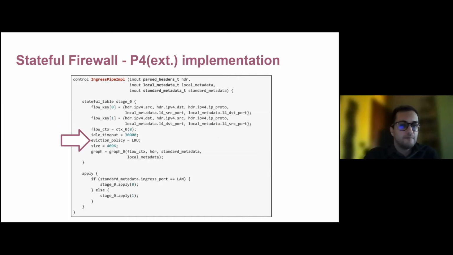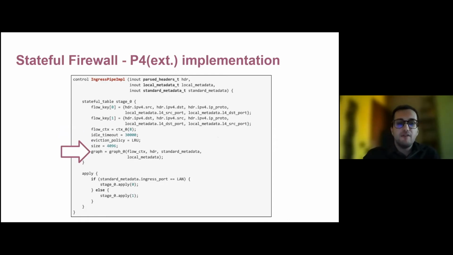Then, for example, we can configure an eviction policy that in this case can be the least recently used, or for example, the least frequently used, that is implemented inside the target.